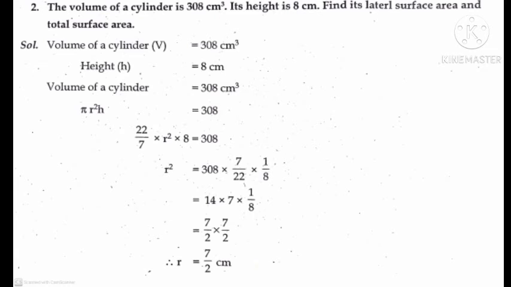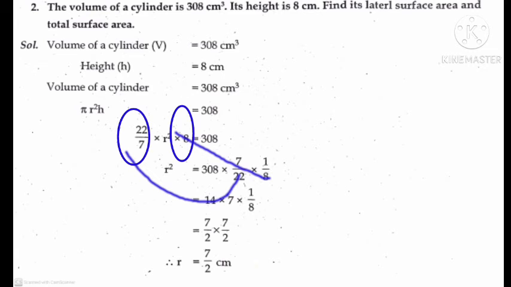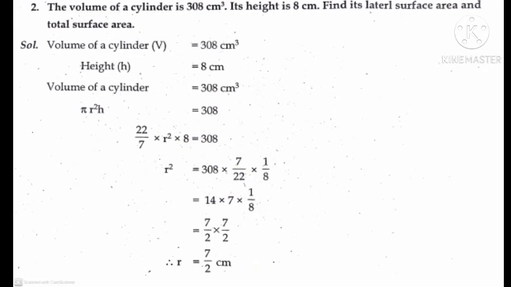Next step, r square is equal to, sending 22 by 7 and 8 to the right side of the equation, it becomes 308 into 7 by 22 into 1 by 8. In the next step, 308 is divisible by 22, we get 14 into 7 into 1 by 8.